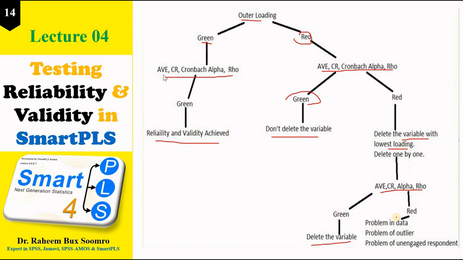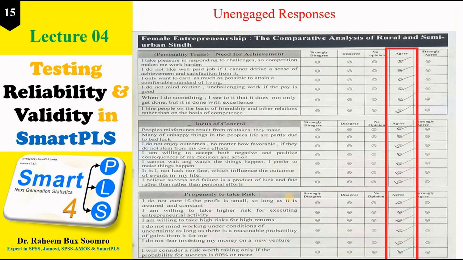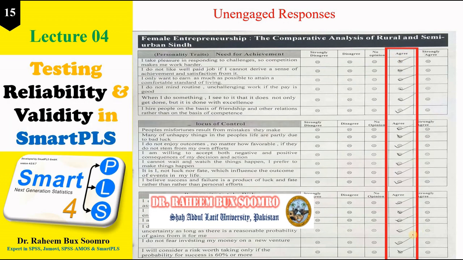Even if you are unable to get the green values by deleting all these, and the red values are still there, then there are problems with your data: probably a problem with outliers and the problem of unengaged responses. Whenever you are getting red values, these problems may be in your data. Now, for unengaged responses, you are looking here in the red circle, there is 'agree'.